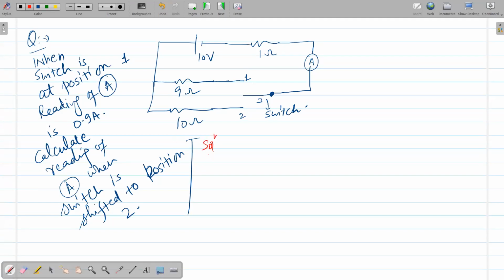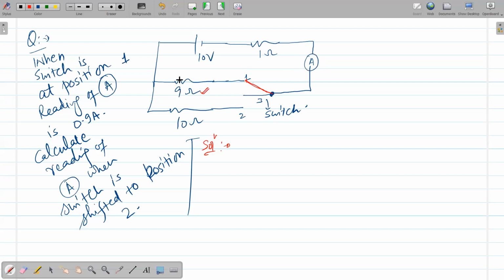See, first of all, let's think about the switch in position 1. So only this 9 ohm will be in the circuit. And listen, here you will have to make sense that this ammeter must also be having some resistance. This is not the ideal ammeter. How can I say that this ammeter is not ideal?